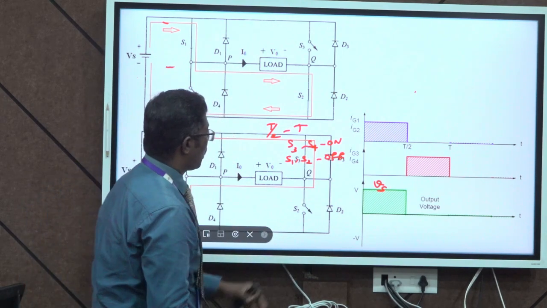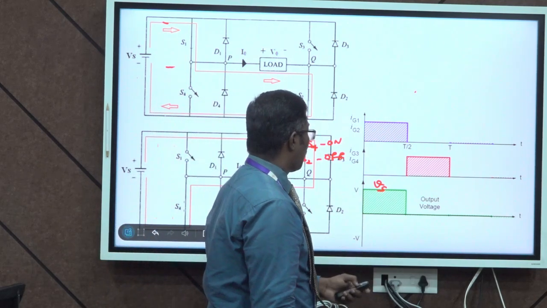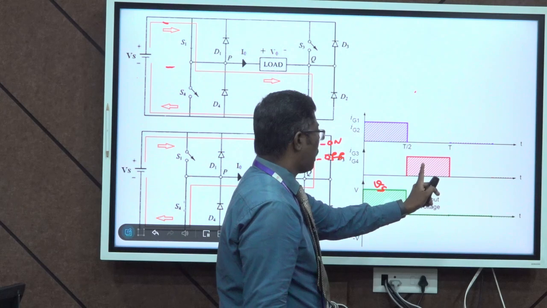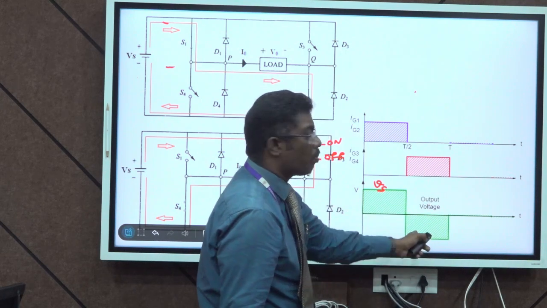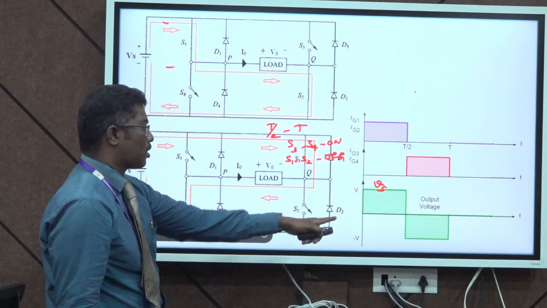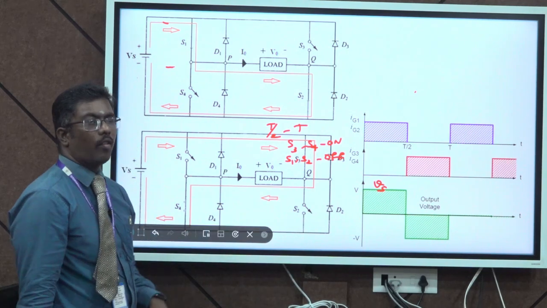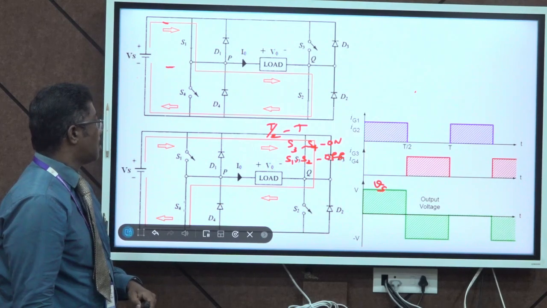Here also, at the same instant, two switches are conducting. So, the current flows through the switches and we get the output voltage during the time period T by 2 to T. So, this is the working of the single phase full bridge inverter.